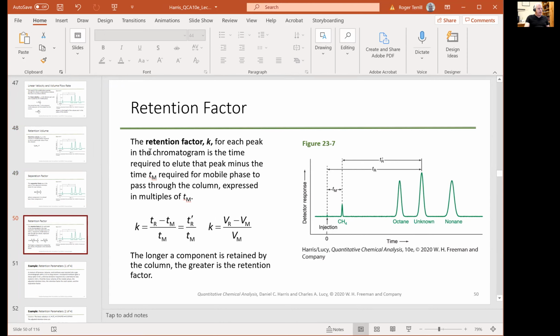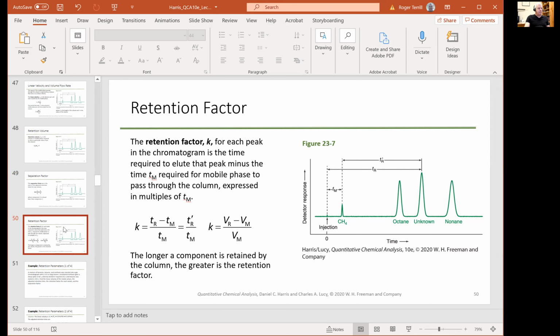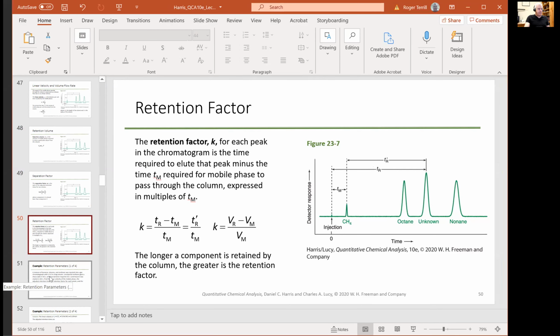The retention factor k here, it's actually related to a partition coefficient, but we'll get to that. It's just the ratio of the T primes. And you can simply measure it as T prime R over TM as an individual k value, right? And also there's a volume relationship, but nobody cares about that.